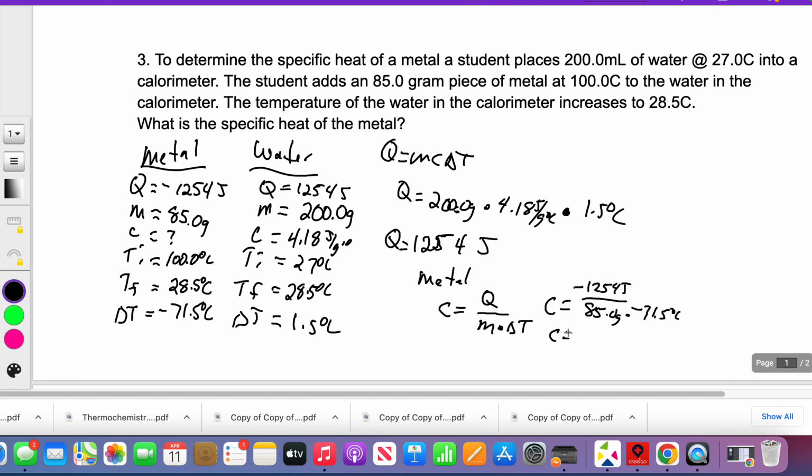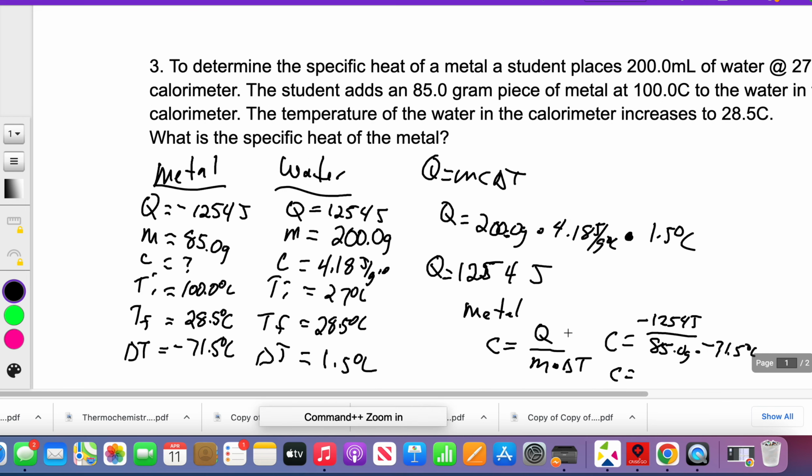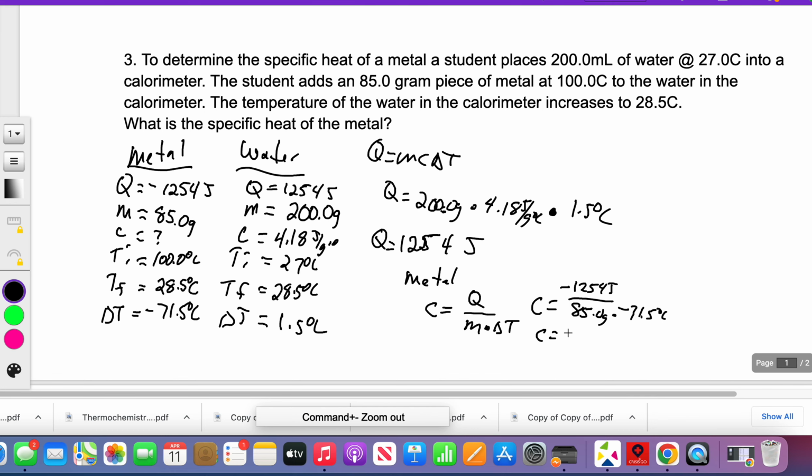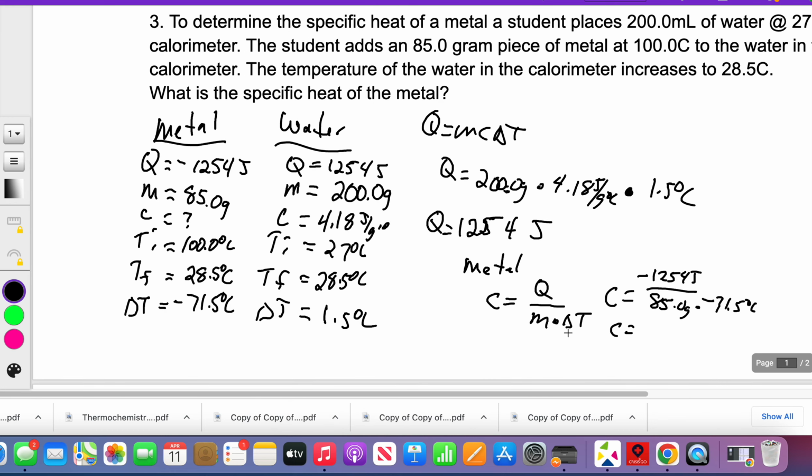If I do that math, 1254 divided by 85, and remember to divide by both numbers on the bottom, divide by 71.5, I end up getting about 0.206. That should be joules over gram degrees Celsius as the unit.